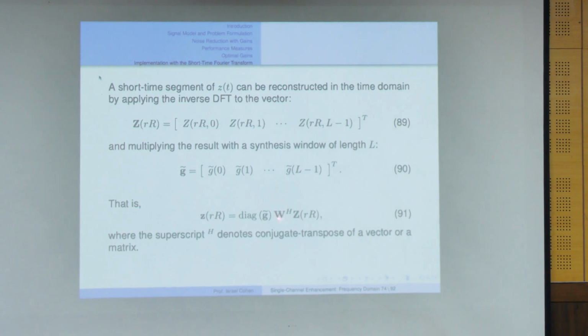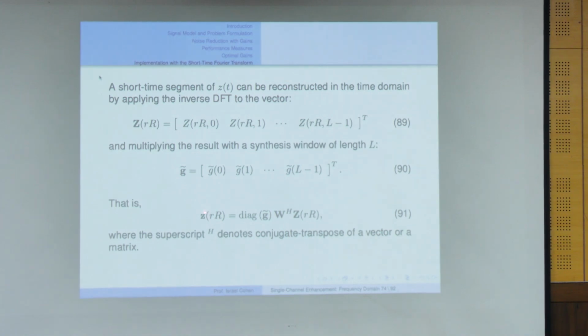This is the inverse Fourier transform matrix. And of course, I remind you, we don't actually multiply with this matrix. We have fast algorithms to do the inverse Fourier transform. So we apply the inverse Fourier transform, and then again, we multiply with a certain window. The window is G tilde. This is the synthesis window, G tilde, of length L.